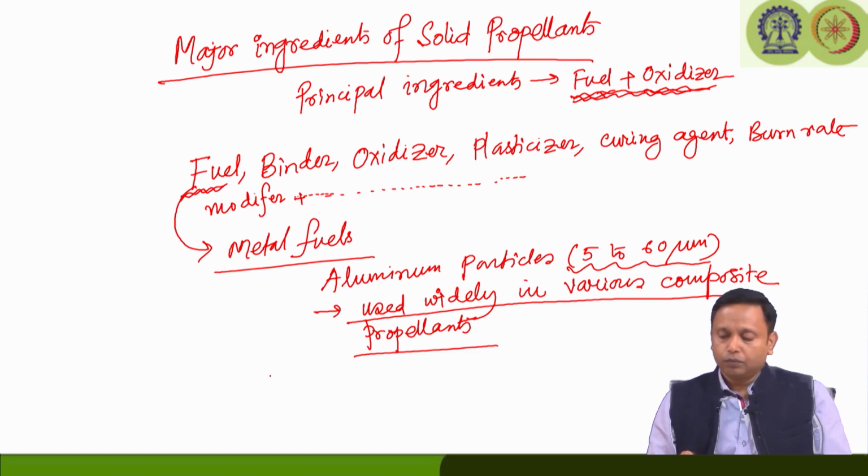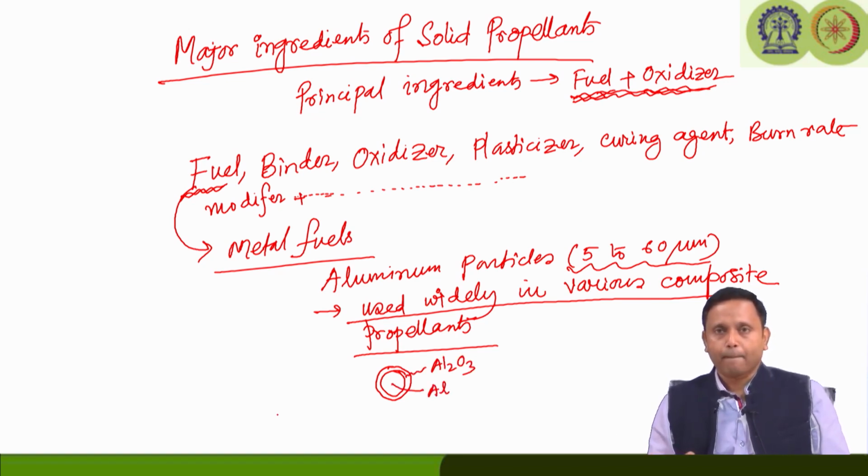Now, the problem with the very fine aluminum particles is that they will easily burn with air, and there will be some oxide layers present on the surface of the particles. So, there is a chance that the particles will contain some oxide layer and the core of the particle will have aluminum.